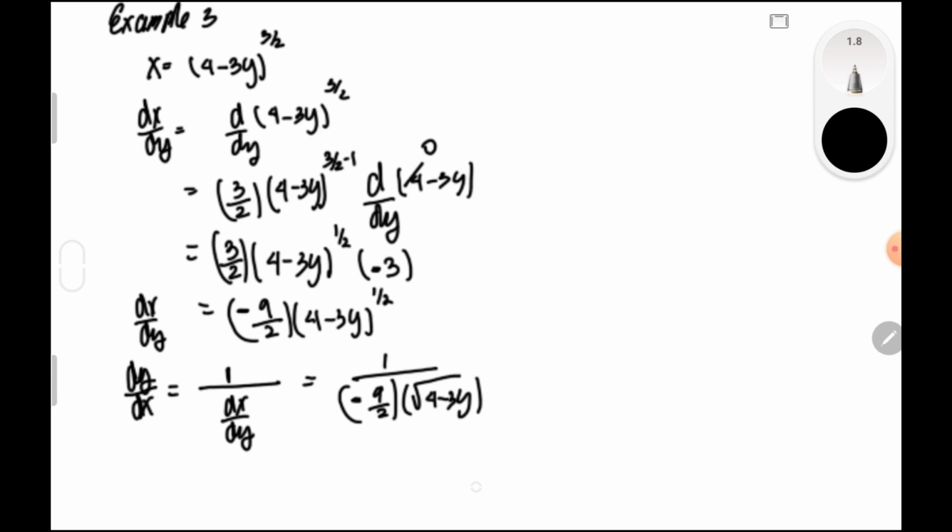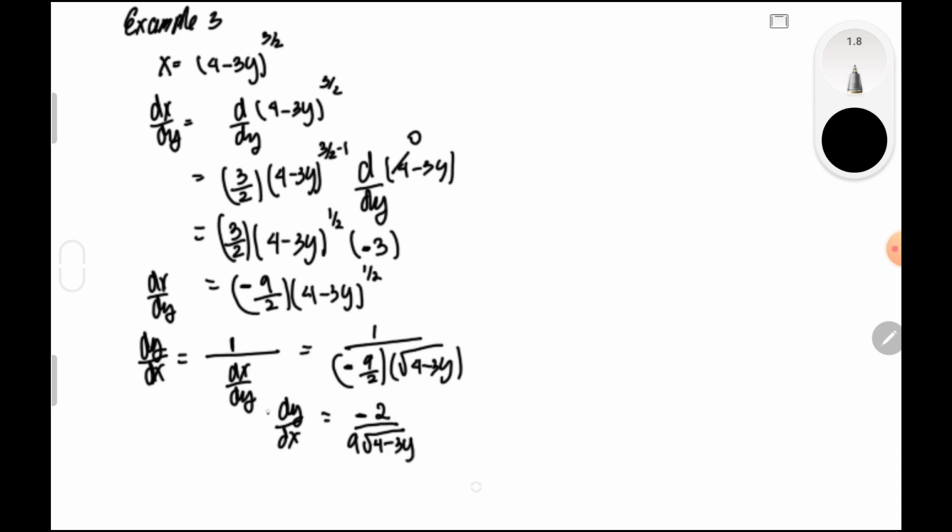So from this we will have a value equal to negative 2 over 9 square root of 4 minus 3y, which is equal to dy over dx. So that would be our answer.